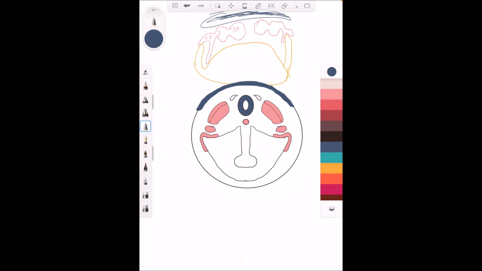Ectoderm is going to have the neural tube as well as the epidermis. I guess these neural crest cells, technically speaking, should be colored the same as the ectoderm color as well. Those are definitely ectoderm cells.